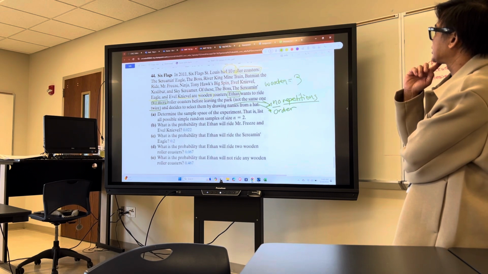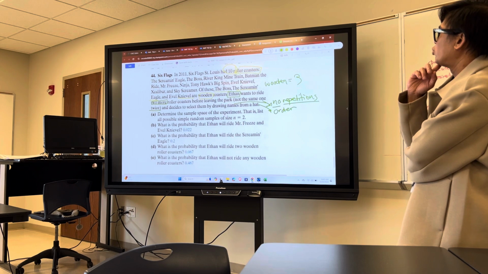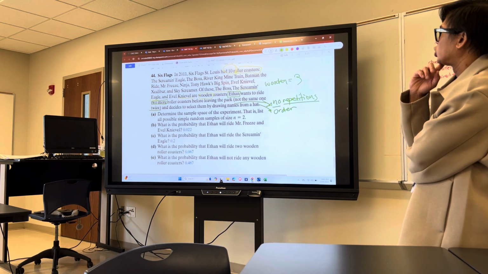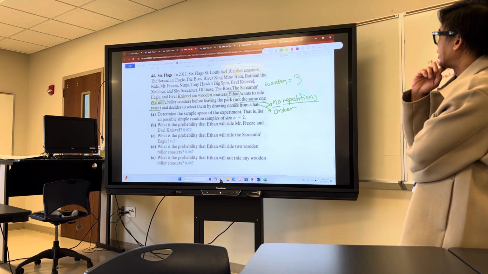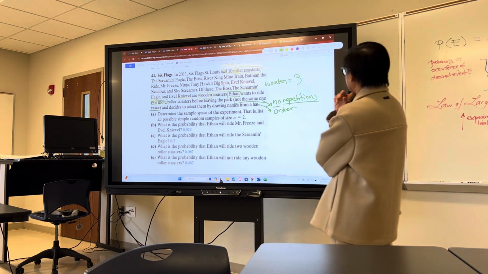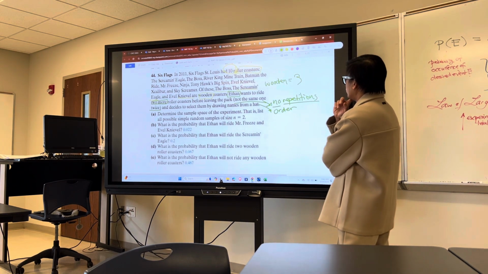Because it says he wants to ride 2 more roller coasters before leaving the park, not the same one twice, and decides to select them by drawing names from a hat. So once again, no repetitions for such. With that being said, what can we say in here?